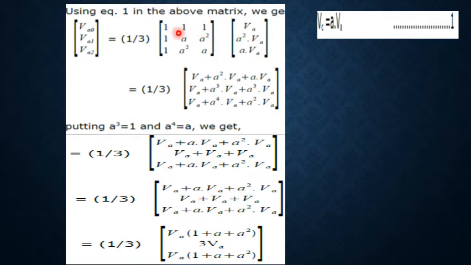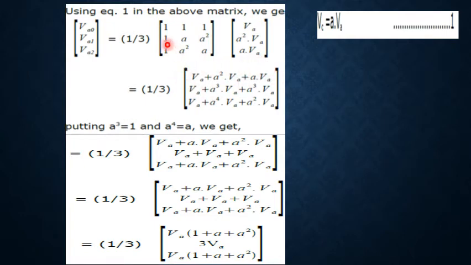So 1 into VA plus 1 into a squared into VA plus 1 into a into VA. This is the first value we are going to get.